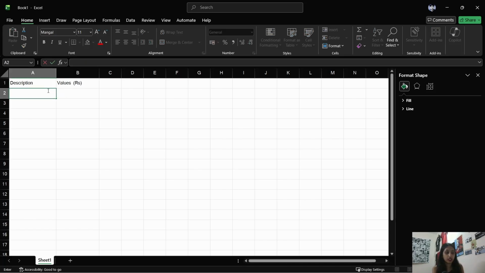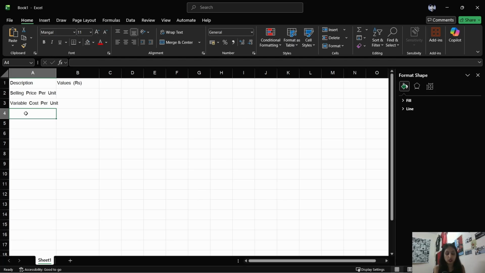Under description, we are writing selling price per unit. And the next one is variable cost per unit. Next and the last one is fixed cost. Let's write the values.